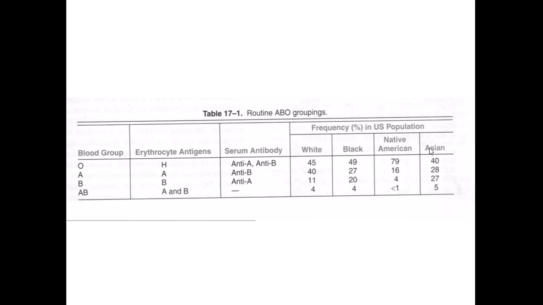So blood group O is the most common among all of the blood groups in general, and the rarest of those is the AB blood group. This is very important to remember.